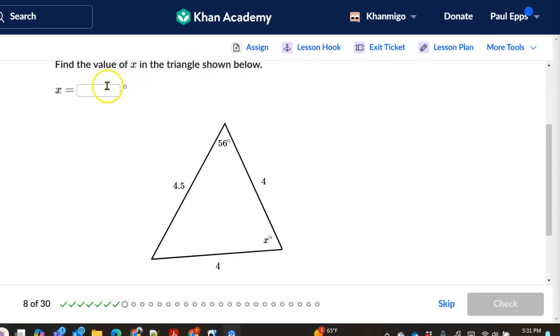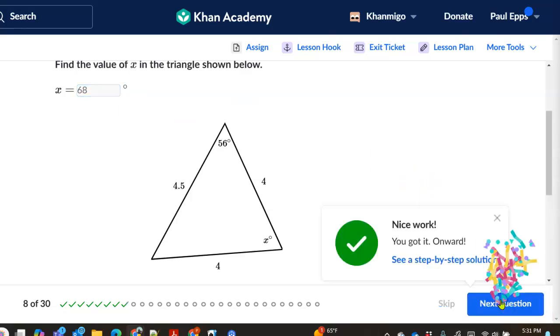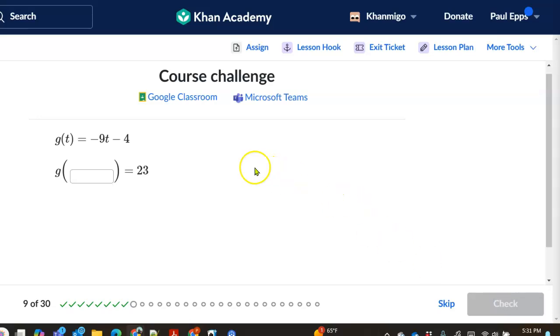Let's take that off and go 6, 8. G of t equals negative 9t minus 4, and then figure out g of what equals 23. All right, so if we think of it this way, we could take that 4 and add it to the 23, 27, and in which case negative 9t.